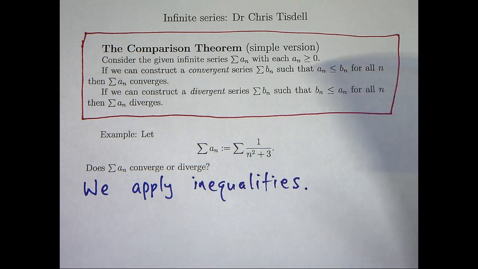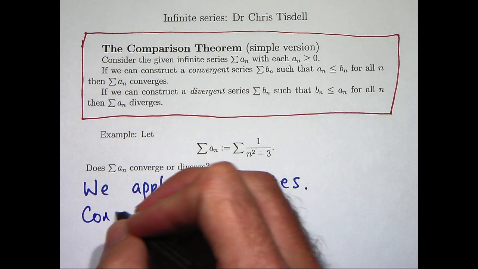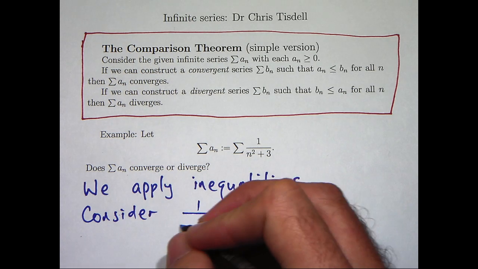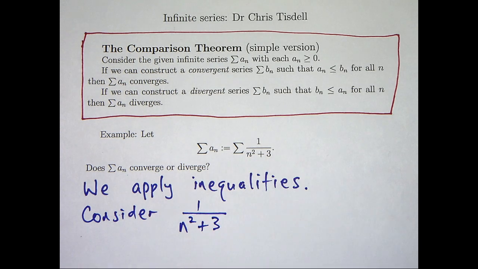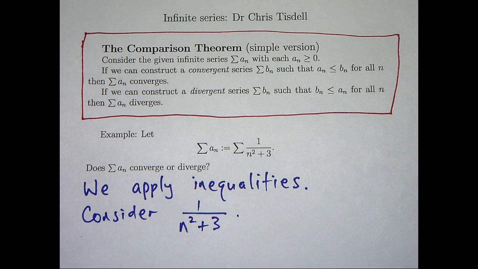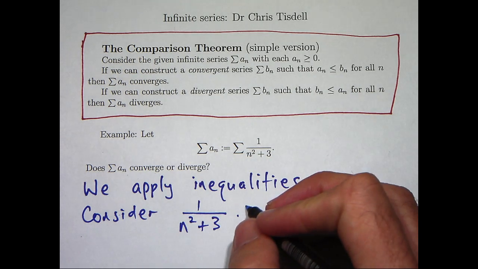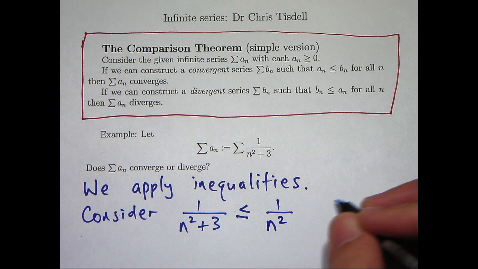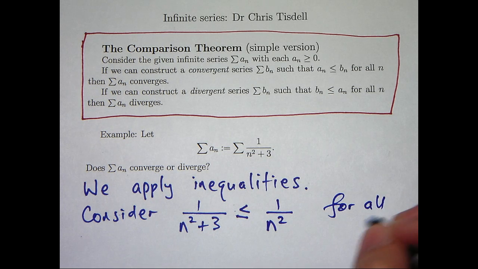Okay, so let's look at 1 on n squared plus 3. Now, for each n, this is less than or equal to 1 on n squared for each integer n.